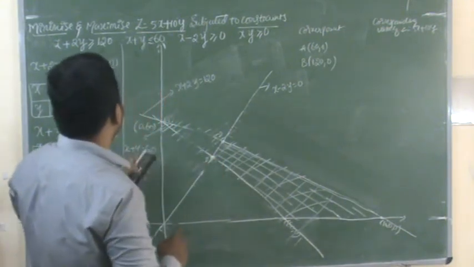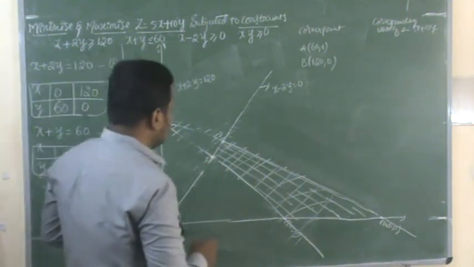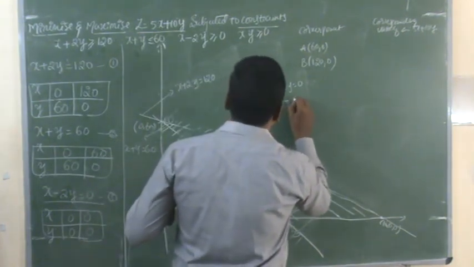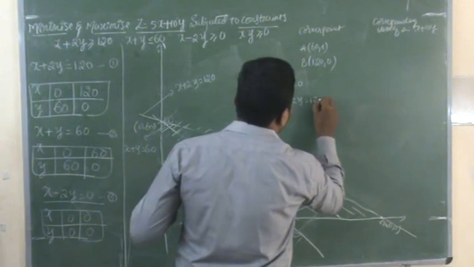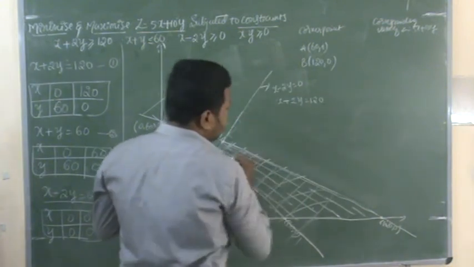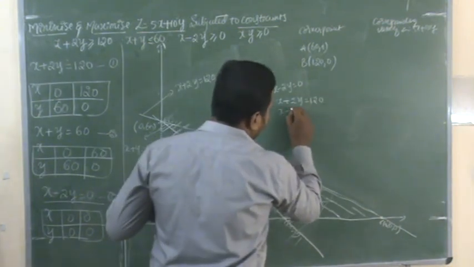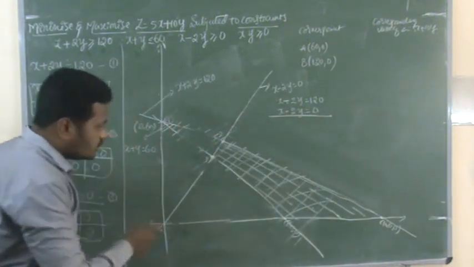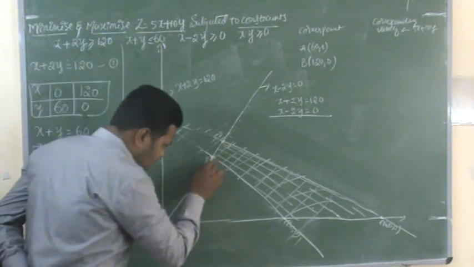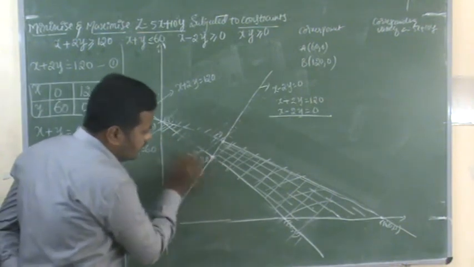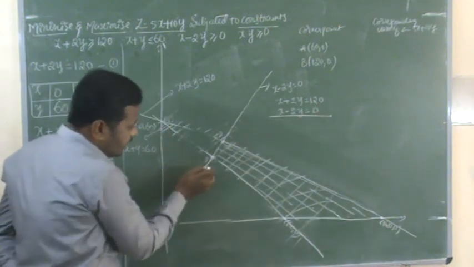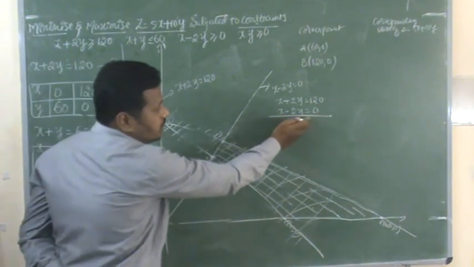So take the first equation, that is x plus 2y is equal to 120, and the third equation, x minus 2y is equal to 0. Because the intersection of the two lines: the first line is x plus 2y is equal to 120, and the second line is x minus 2y is equal to 0.